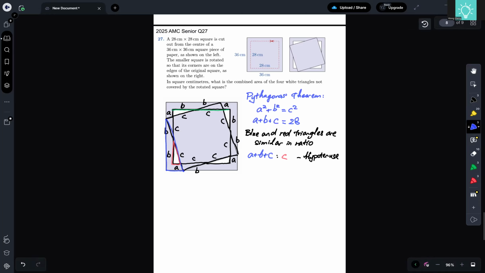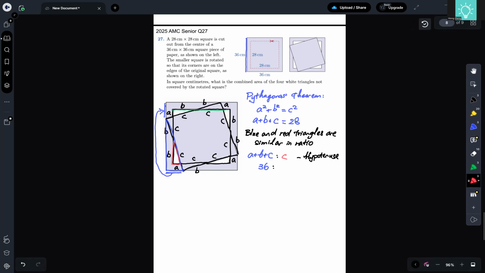And then what is the sum of the legs of the triangle? Think about this. By symmetry, this side is equal to this side, right? I can just move it up there. So the sum of these two sides is just the very outside of that shape, which is the 36. What's the sum of the legs of this?